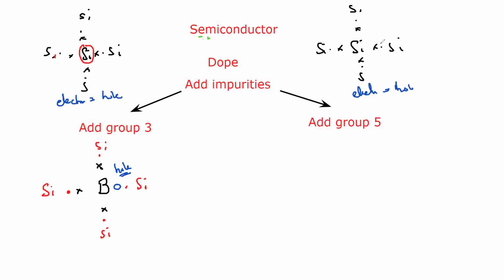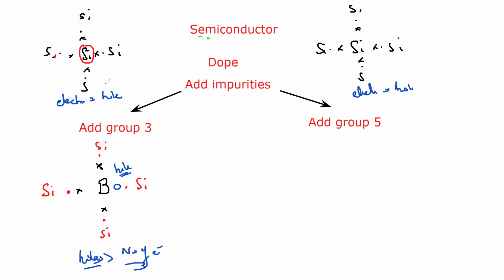There are electrons and holes already there. But when we add a group 3 element, what will happen? There will be more holes because the electron is not here. So when a group 3 element is added, the number of holes will be greater than the number of electrons.